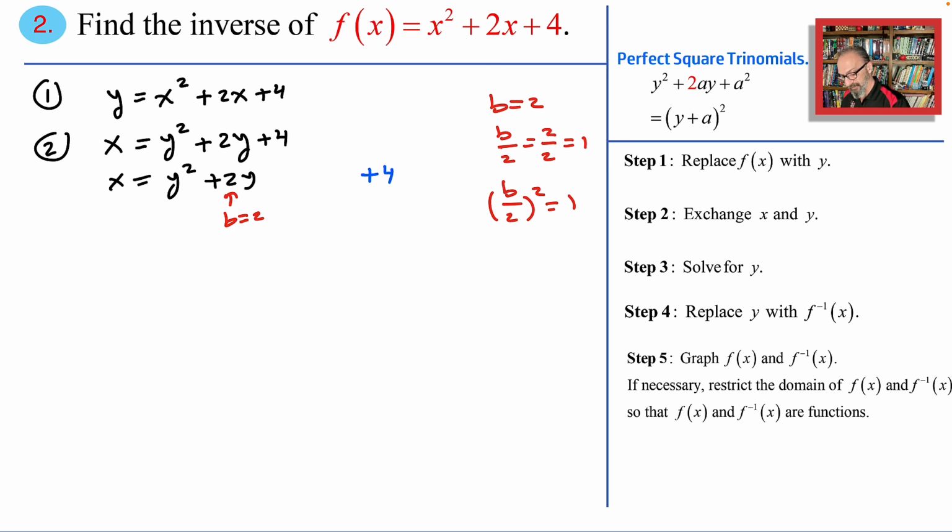So we have x equals y to the second plus 2y, and we have plus 4 to the side, and we are adding 1. Now, of course, if you add 1 to the right side, you have to add 1 to the left to keep it balanced.